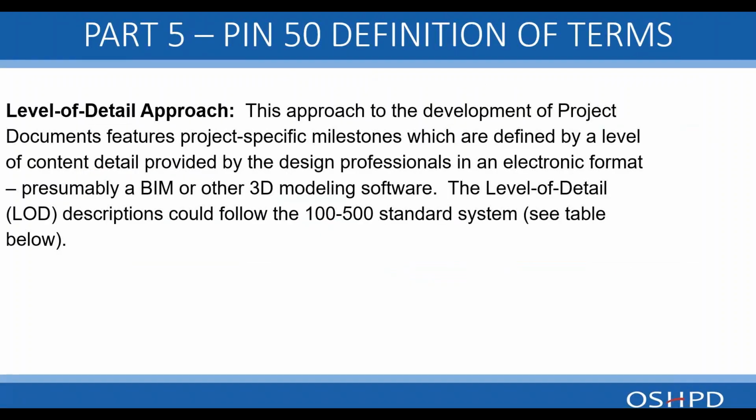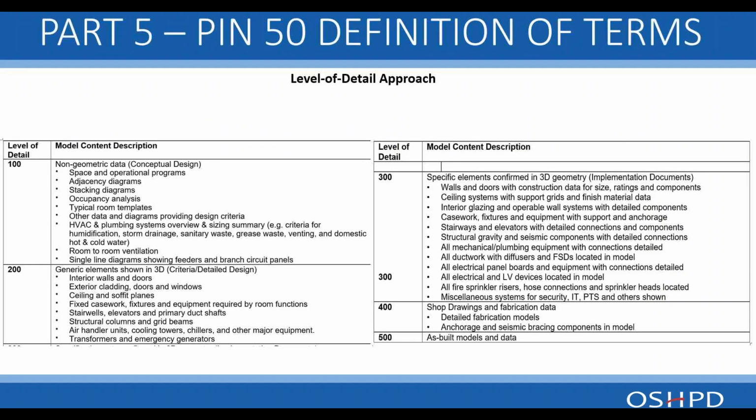Level of detail approach. This approach to the development of project documents features project-specific milestones, which are defined by a level of content detail provided by the design professionals in electronic format, presumably a BIM or other 3D modeling software. The level of detail, LOD descriptions, could follow the 100 to 500 standard systems, which are shown right here.